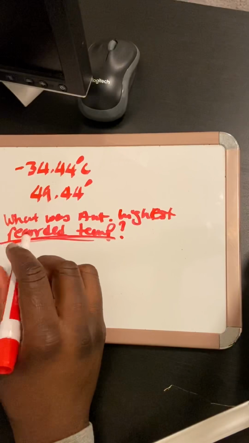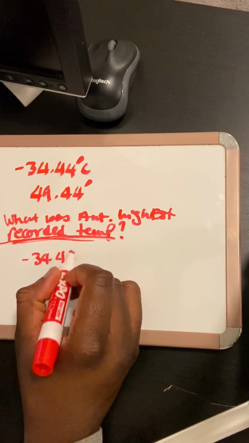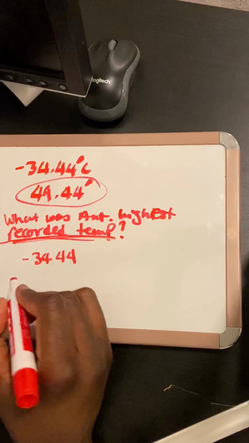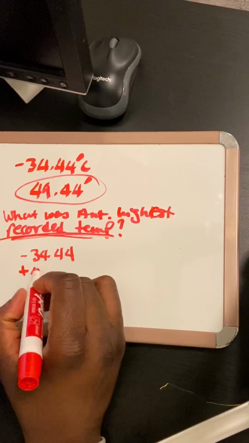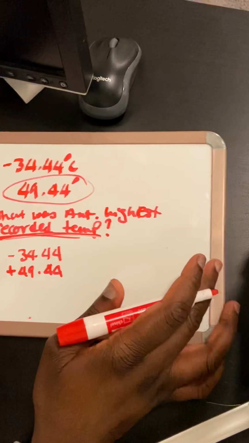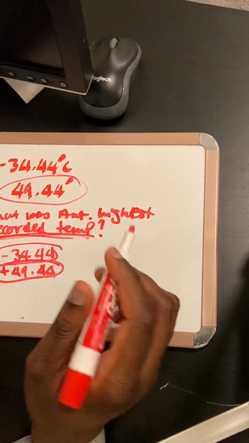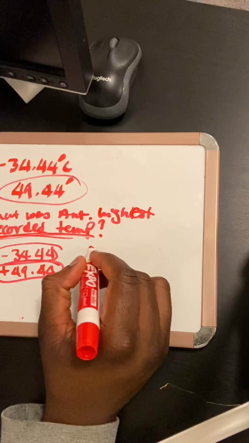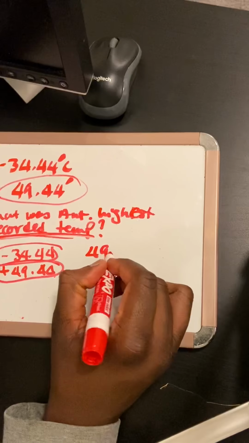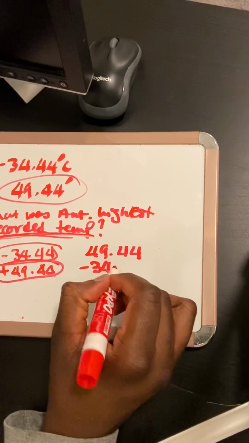So we have negative 34.44, and this difference is a positive, so we should go ahead and add that positive 49.44. If you remember how to add a negative and a positive, you take the highest absolute value, which is 49.44, minus 34.44.